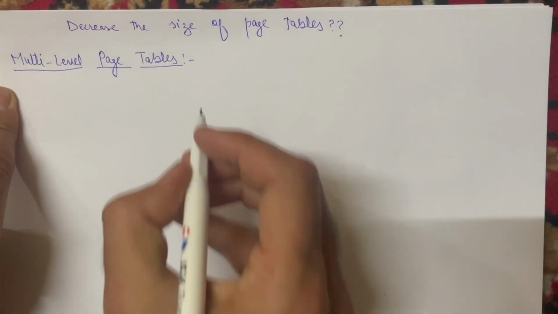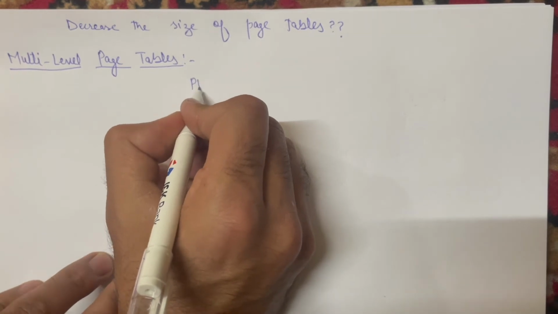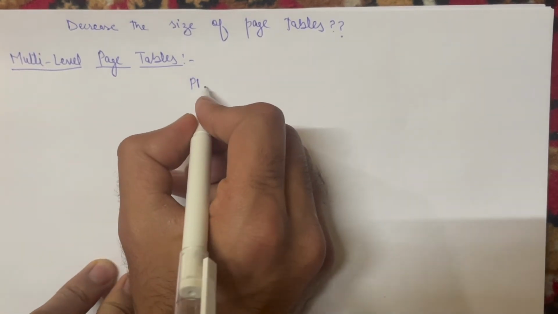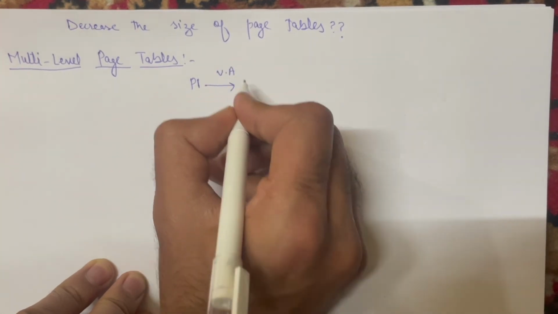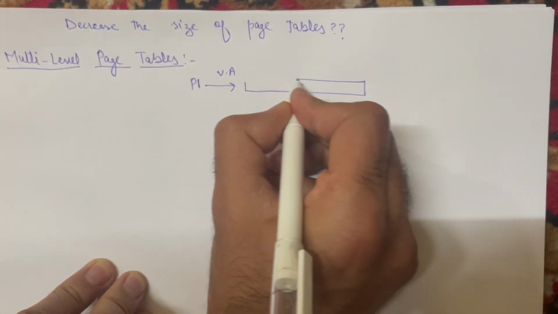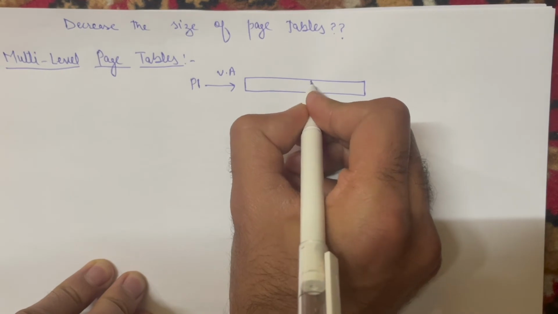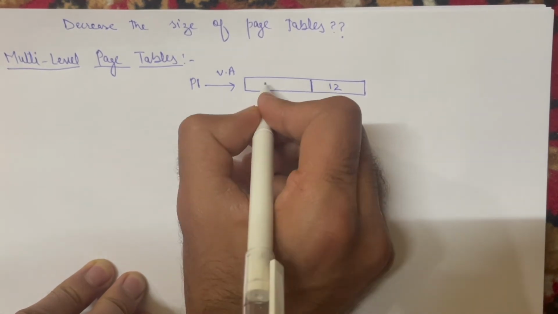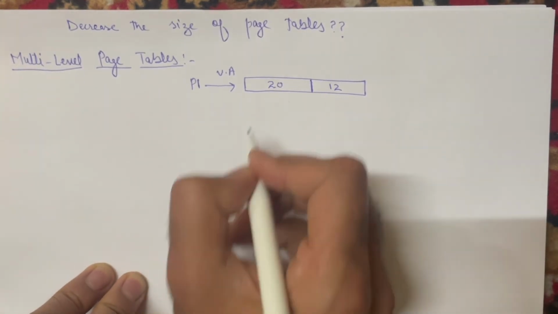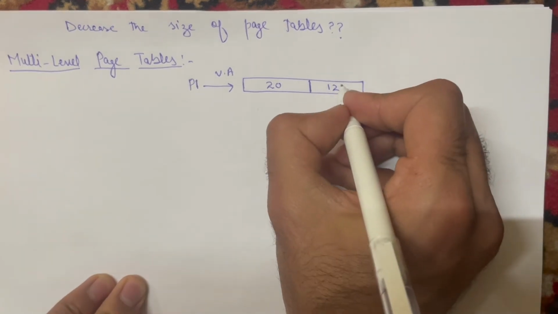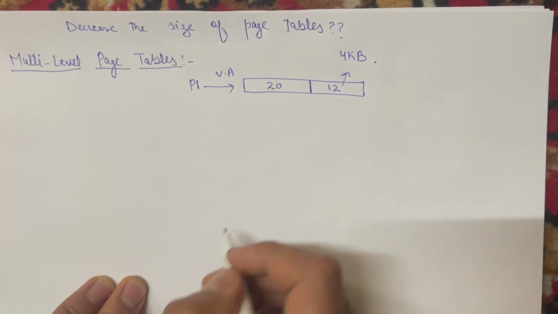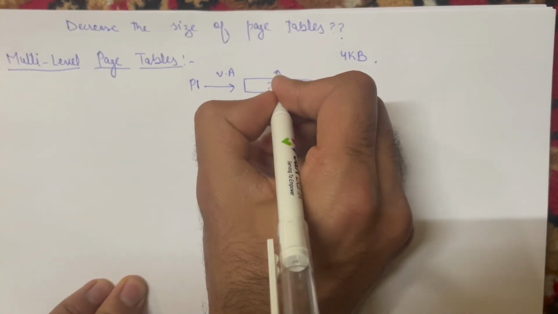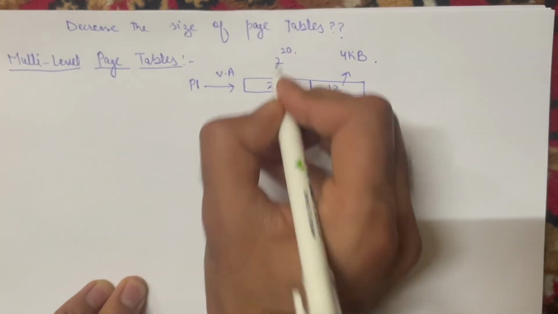Let's take the example of one single process. Let's suppose it has a virtual address, and the virtual address is divided into two parts. This part is the offset, 12 bits, and this part, 20 bits, is the page number. So 12 bits means the page size will be 4 KB, and the number of pages will be 2 raised to the power 20.